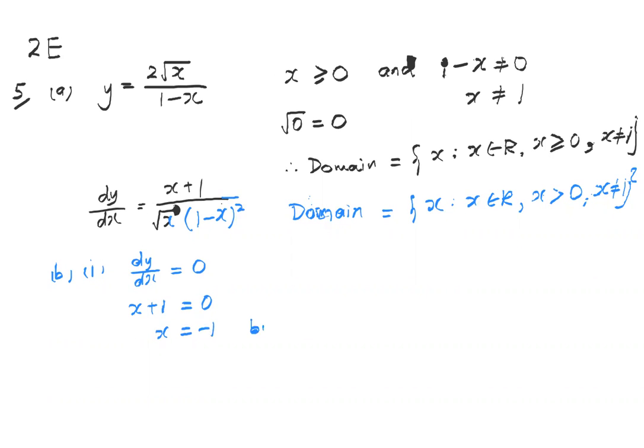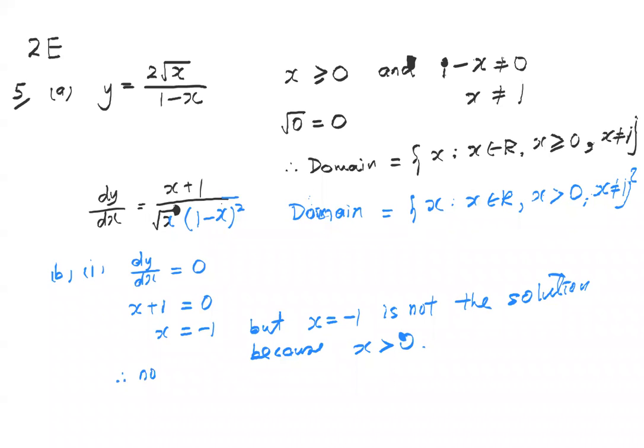But x equals negative 1 is not the solution, because x must be greater than 0. So is there a value of x that will make dy/dx equal to 0? No. Are you clear? So here I put that, therefore, no solution.